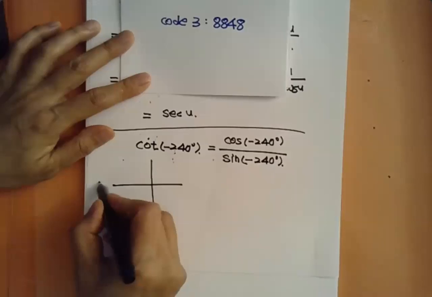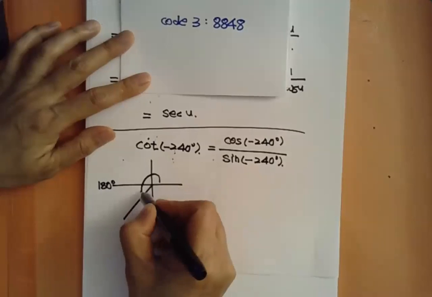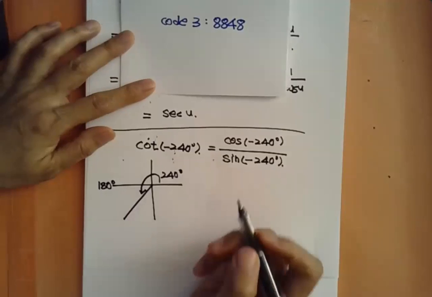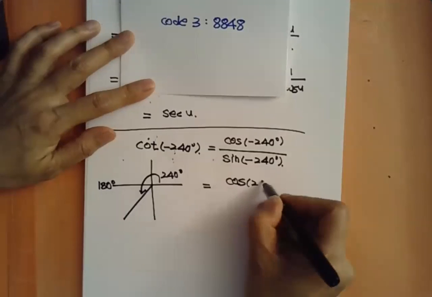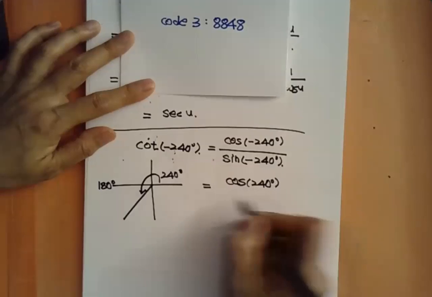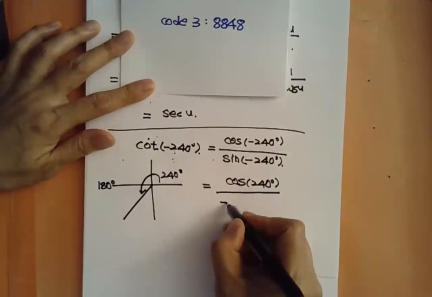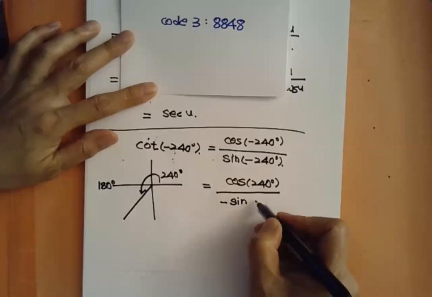This is 180 degree and this is 240 degree. So we can rewrite this as cosine of 240 degree because cosine function is an even function and sine function is an odd function. So we can rewrite that as negative sine of 240 degree.